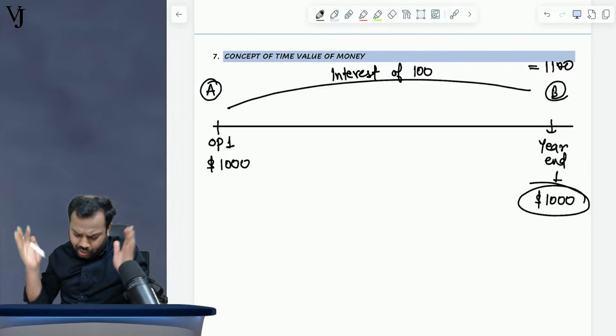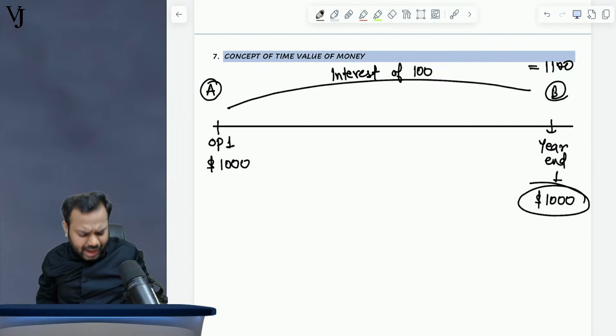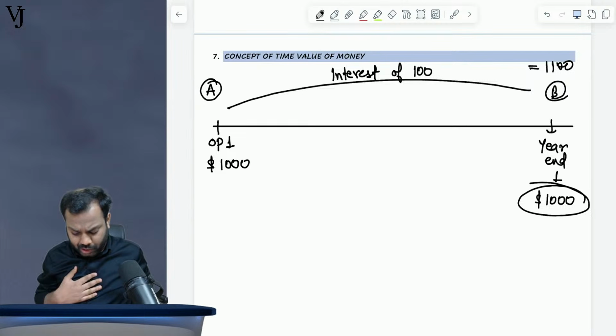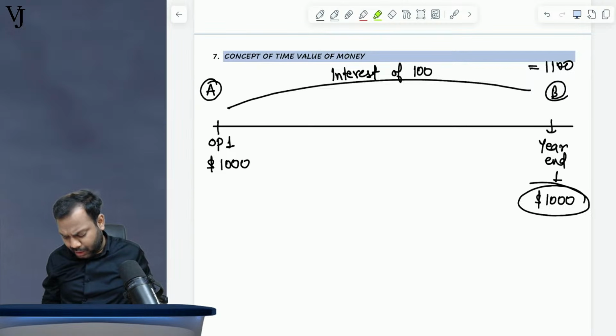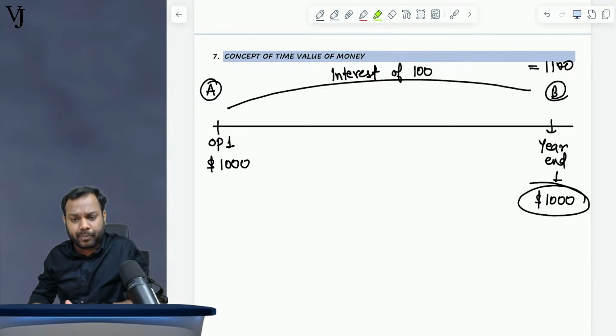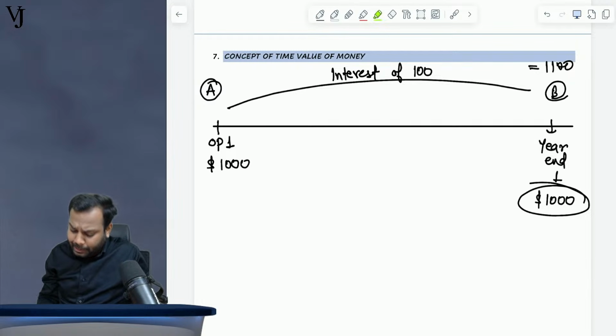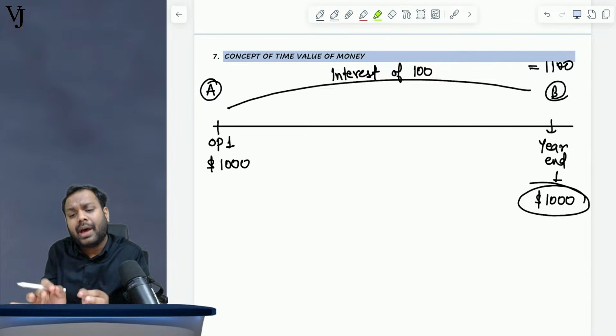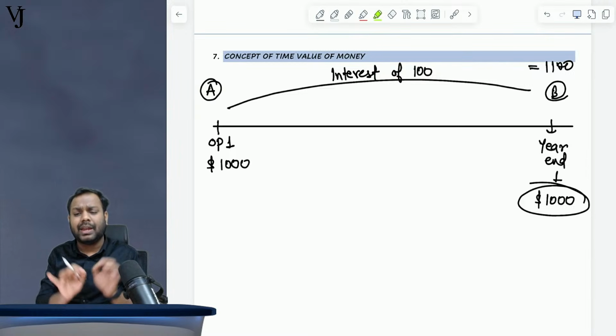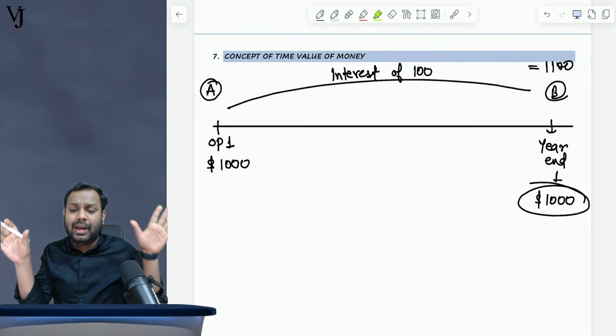Now, I don't want to do any partiality. I want to redesign this option in a manner that both the options are totally equivalent.